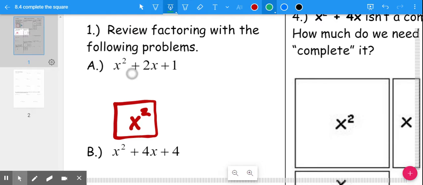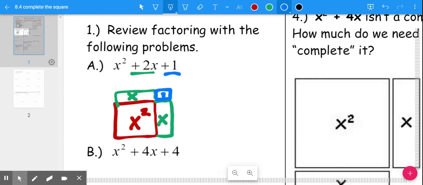And then we see that we have two x's. So in order for it to remain a square, we have to put 1 on each of those two sides. And then we have a 1. And it's still a square because the side lengths are the same.